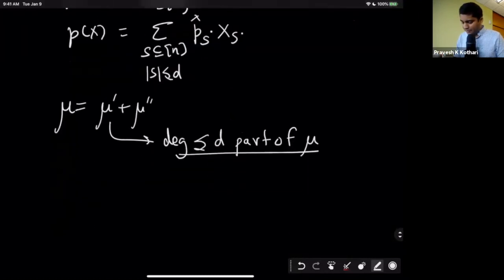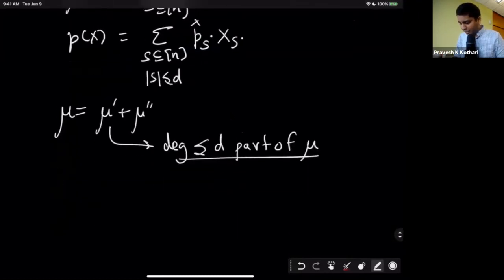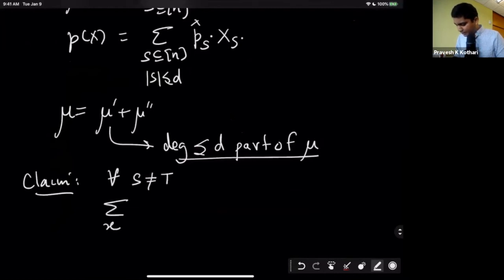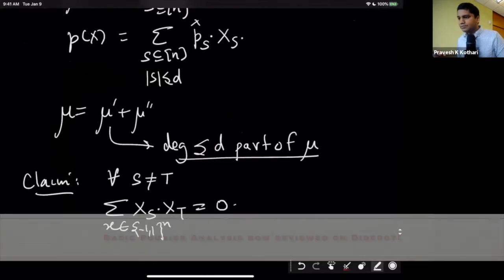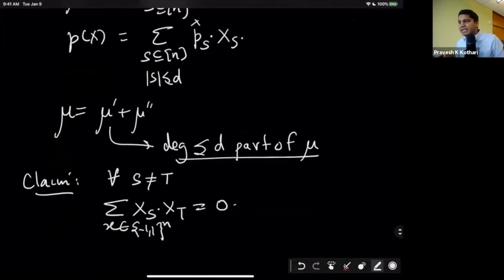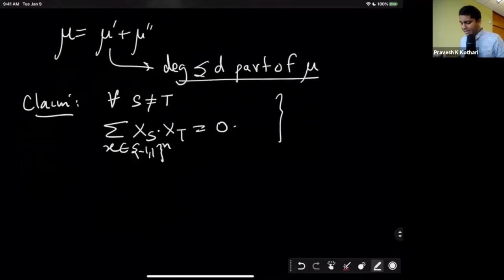By the following property, let me make a claim and leave it to verify: for all s not equal to t, the sum over x of x_s x_t is 0. So these monomials in this plus minus 1 representation are actually orthogonal when seen as 2 to the n dimensional vectors. This is very simple to prove. I'll leave you to verify this.